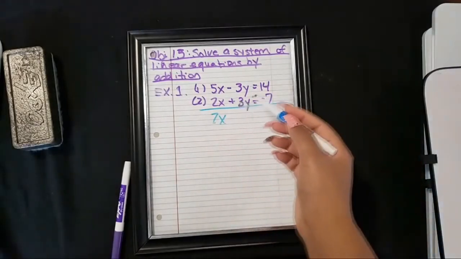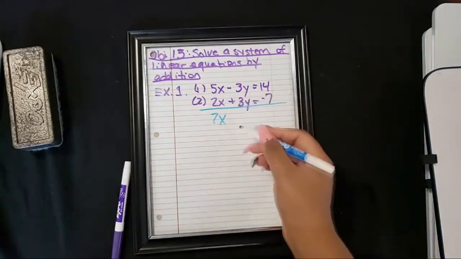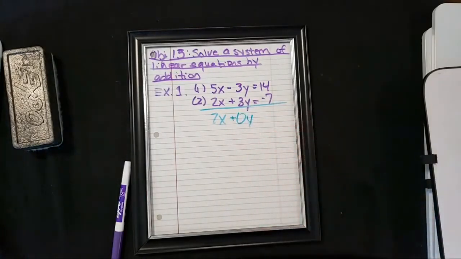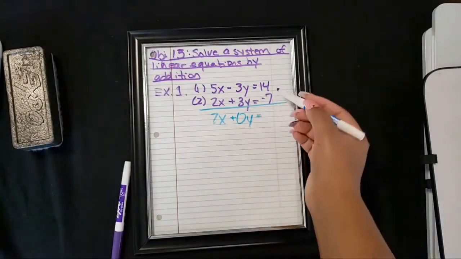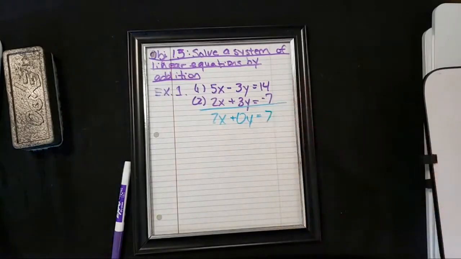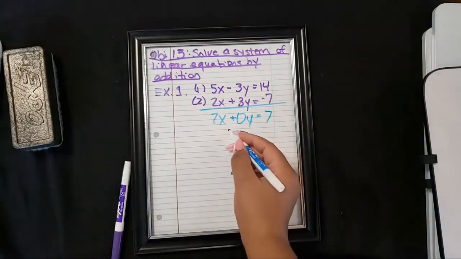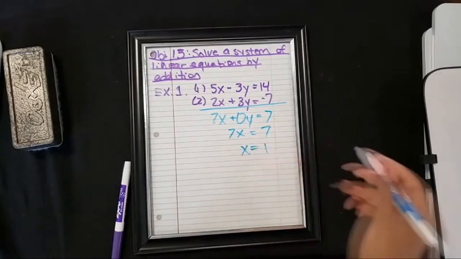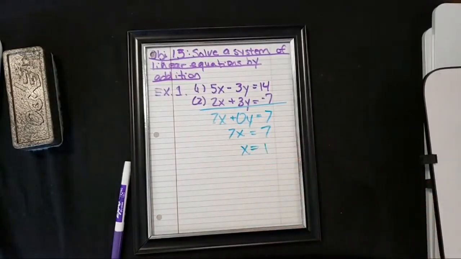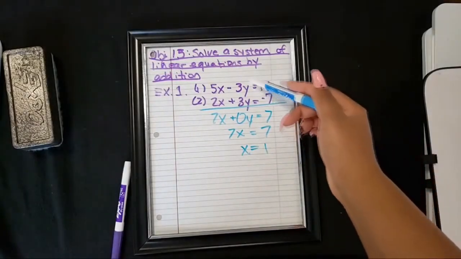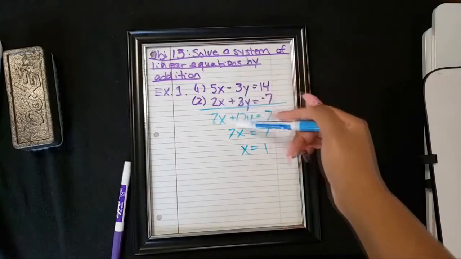If we look at negative 3y and positive 3y, we'll get 0y, which is what we want. We're trying to eliminate one of our variables. If we add 14 and negative 7, we get positive 7. So in the end, we have 7x equals 7, so x equals 1. This is the best case scenario, where as soon as you see the system of equations, you can already identify a variable that can be eliminated.